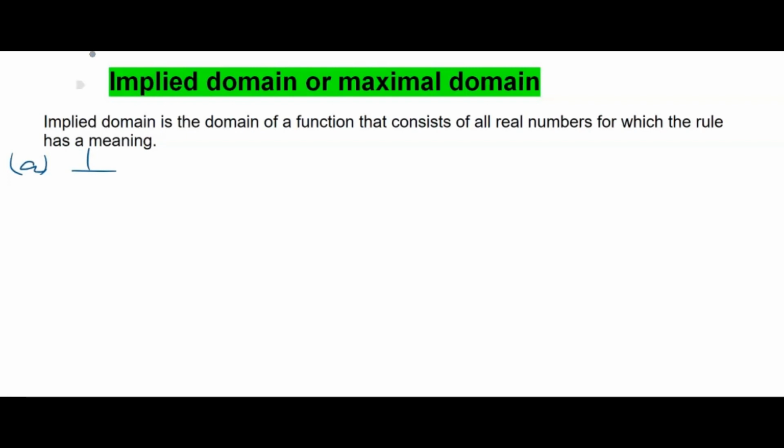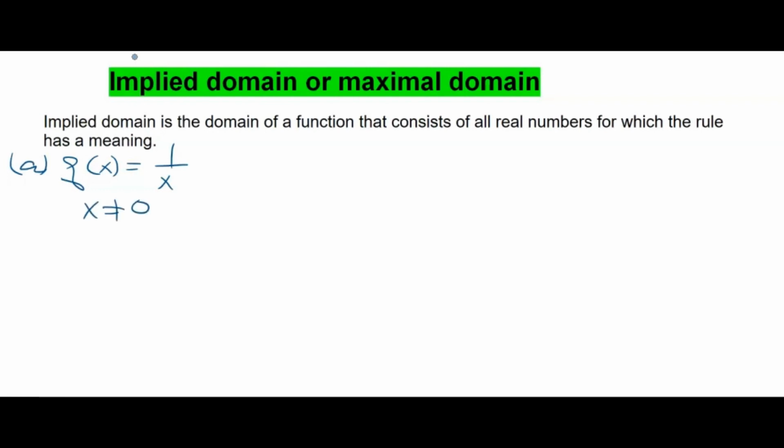So let's say g of x. So we know that x cannot be 0, otherwise it's going to be undefined. So x can only be all real numbers except 0. So that means my maximal domain, so x cannot be 0.